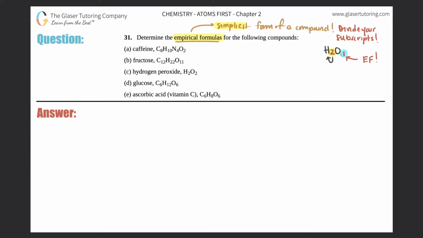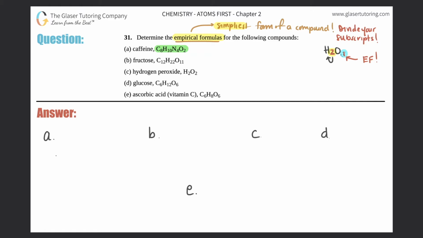Okay, so I have A through E here, so let me just write this out. A, B, C, and D, and then we'll put E down below here. All right, so the first one, A, we want to find the empirical formula for caffeine, which is C8H10N4O2. Speaking of caffeine, I need some coffee.